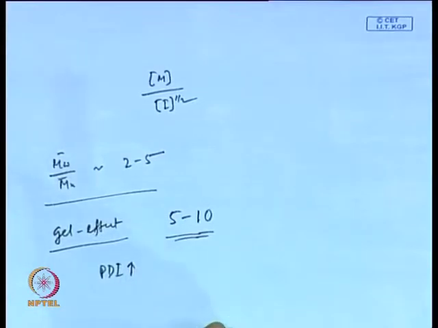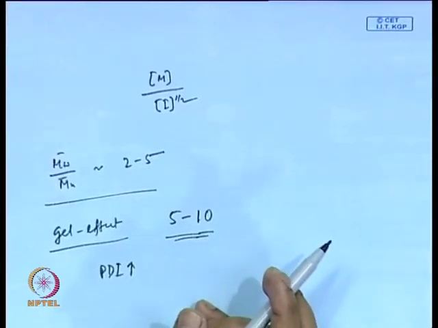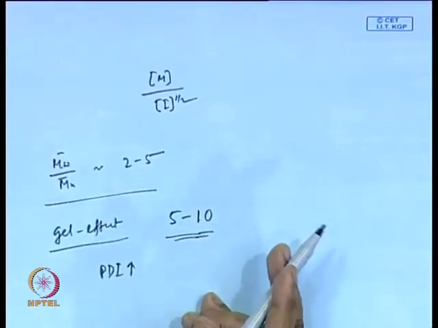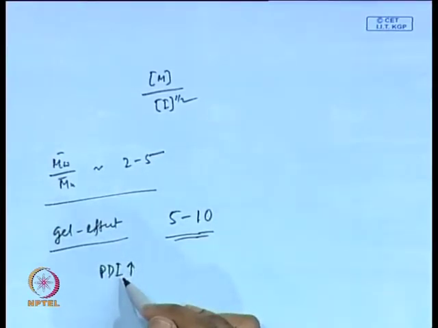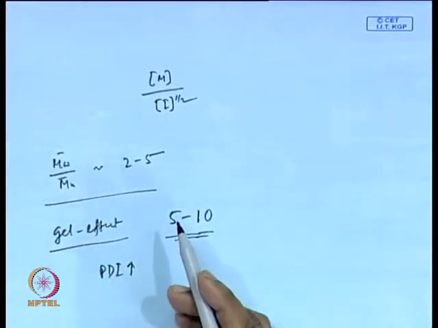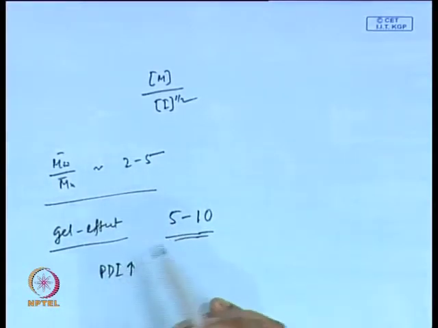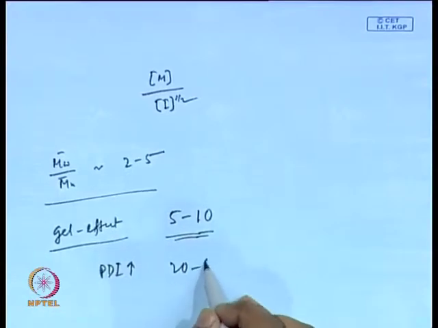For intrapolymer chain transfer, there is no change in molecular weight or molecular weight distribution. So, if branching happens because of intermolecular chain transfer, as with the gel effect, then PDI goes up and it could be as high as 20 to 50.